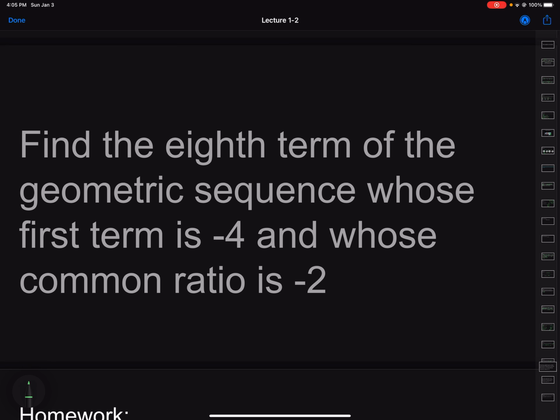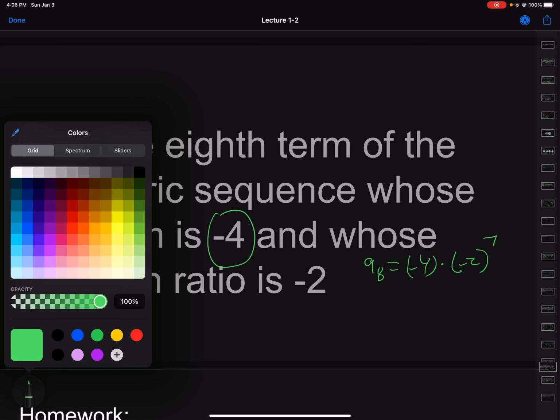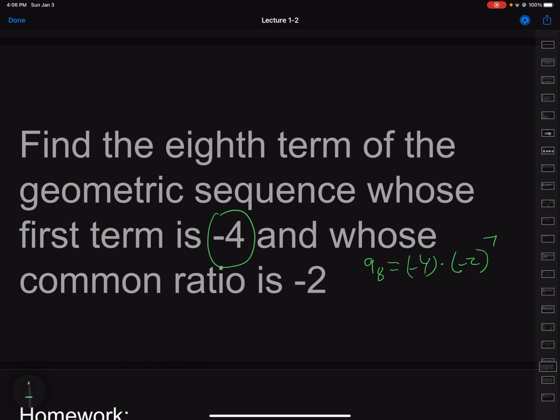So now our equation a sub n, or the 8th term, a sub 8, is going to be equal to a sub 1, which we're given, the first term, -4, times our common ratio, r, which is -2, to the power of n minus 1, or 8 minus 1, or 7. A sub 8 is equal to -4 times -2 to the 7th power.